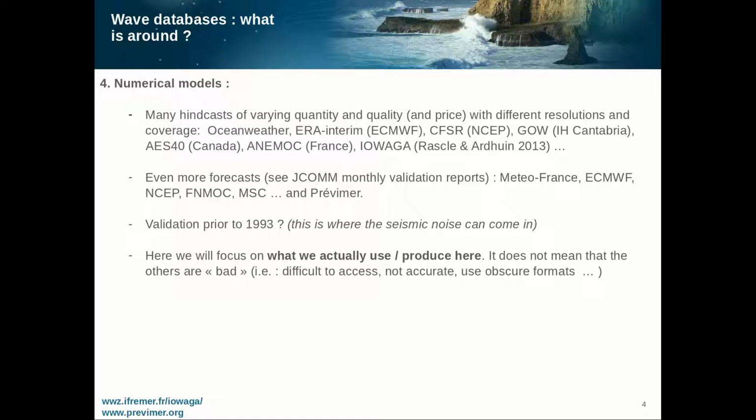The group in Cantabria has this global ocean wave reanalysis, I believe called GOW. The Canadians do some stuff. There's some other French group doing some other things. And we've done our own, so that was the name of the project for the integrated ocean waves and geophysical applications. So it's what we have on the FTP, and so we do global, we do regional.